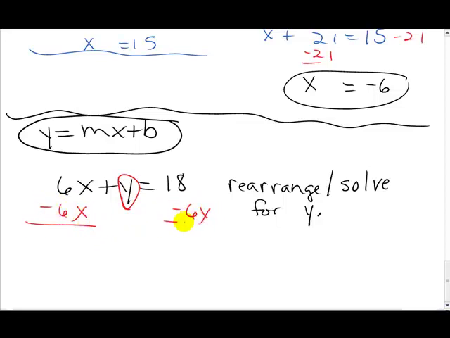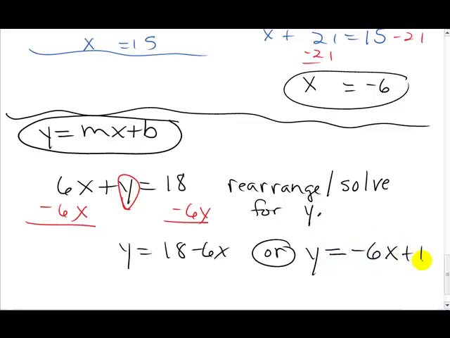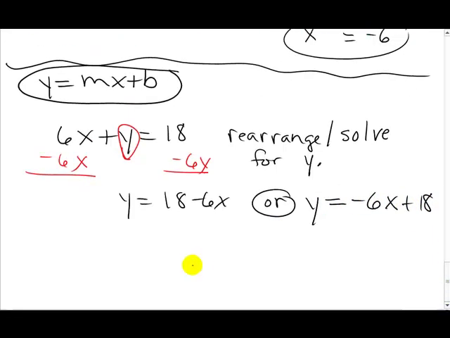And those are not like terms. And so y would equal 18 minus 6x, or we could write it putting the x in front. Either way. But you will be doing a few of these in your homework. And so this is practice.